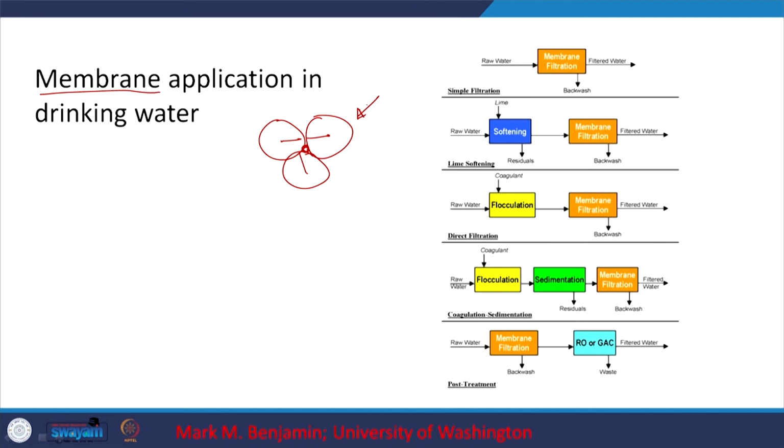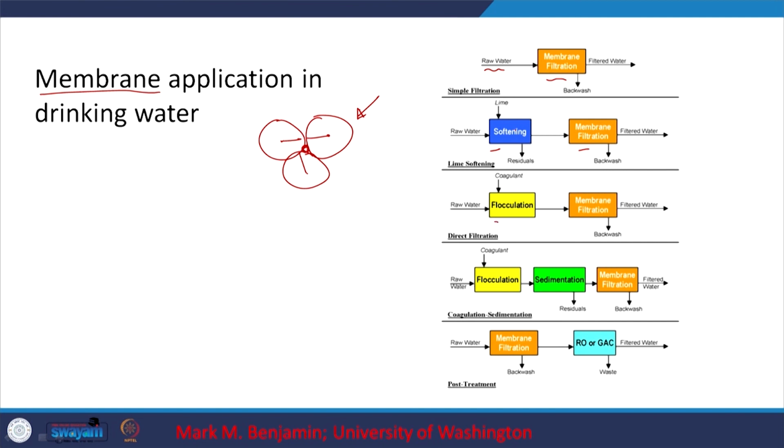Here we are talking about membranes. So, here we have either organic or inorganic materials that make up the membrane, we will look at that. Depending upon the raw water quality, you can directly have membrane filtration. But sometimes you will have to look at softening before membrane filtration, depending on the quality of the water.